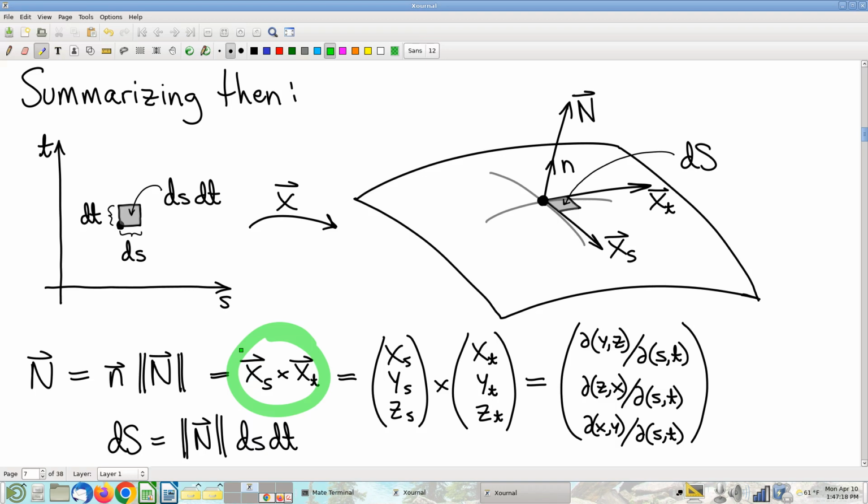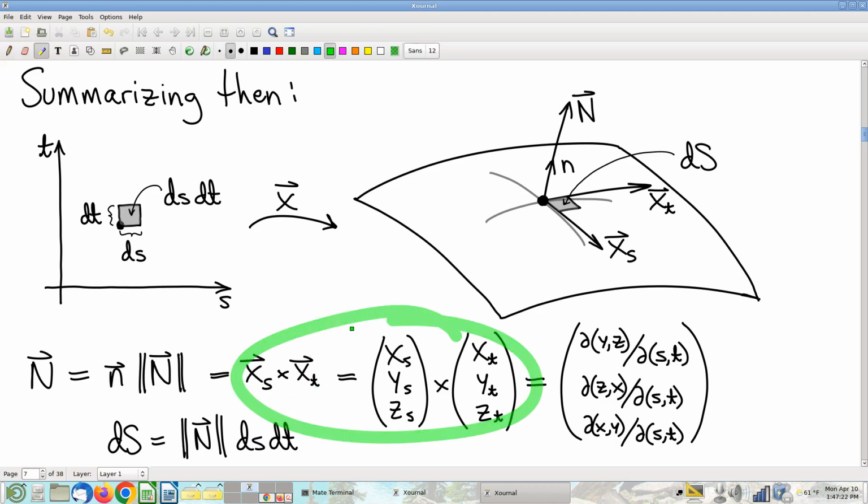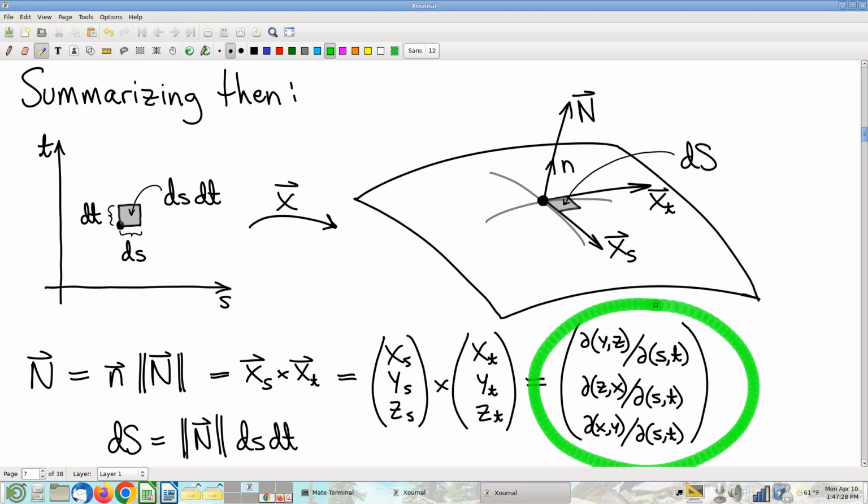If you just write them out in coordinates and actually crank out that cross product, what you find is that each of the coordinates of that cross product, in a seemingly really weird coincidence, are two-dimensional stretching factors. They have exactly the same form as two-dimensional area stretching factors, like from change of variables. And that does seem like a coincidence.